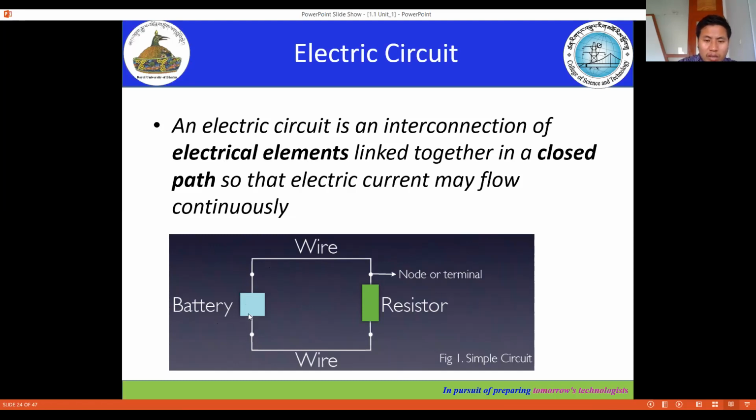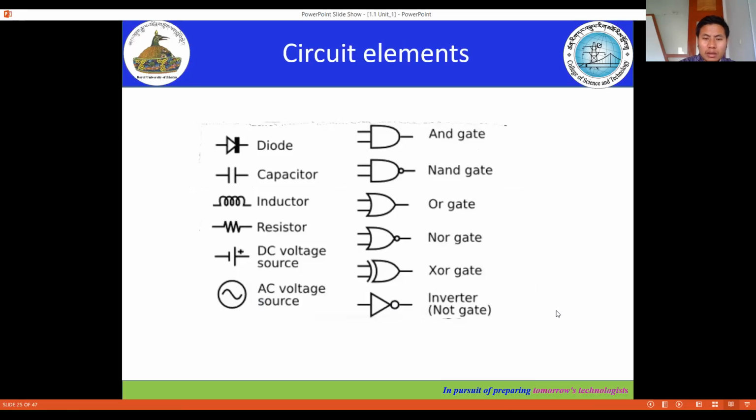When the battery and resistor are connected together, it forms a closed path. When there's a closed path, current can flow through it, so we call it an electric circuit.